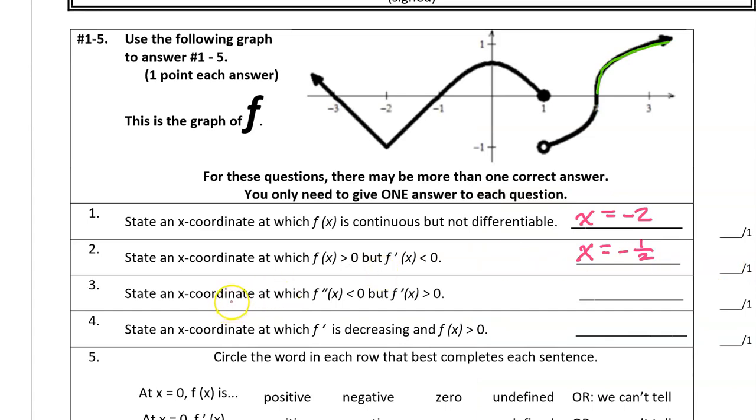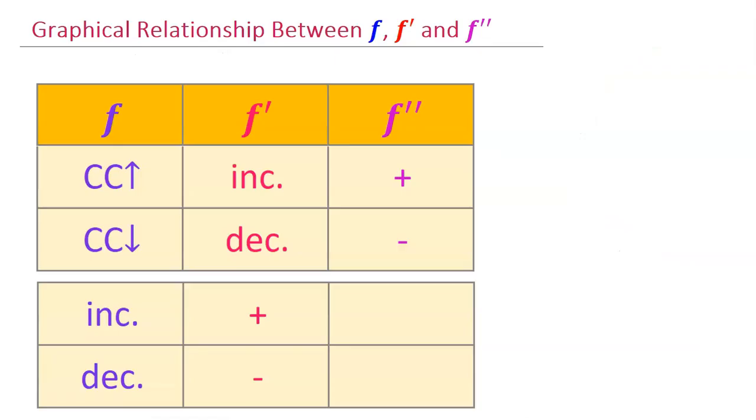So, problem number 3, state an x-coordinate at which f double prime is negative, but f prime is positive. So remember, we're given the graph of f, so that's the key. If we want f double prime to be negative, f has to be concave down.